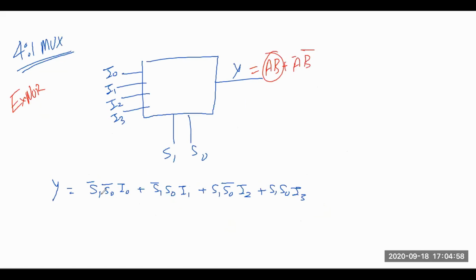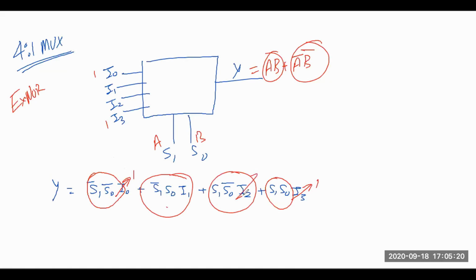The same way, AB you can realize from here, and A bar B bar you can realize from here. For realization of that, S1 and S0 you need to give A and B, and I0 is 1 and I3 is 1. So this one is 1 1. And the other things you need to eliminate, so simply give I1 and I2 as 0 0.